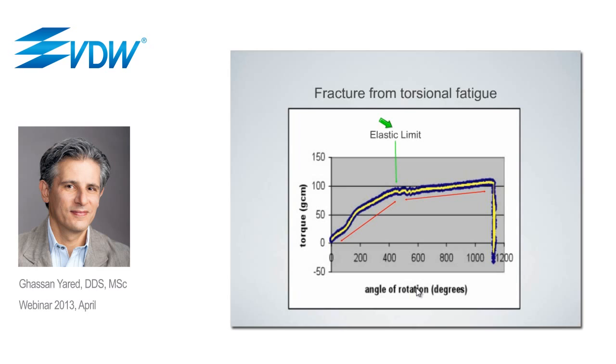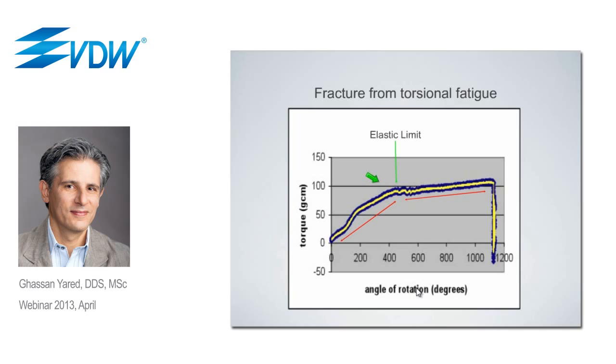irreversible. However, if the instrument rotates to a degree when it is binding lower than the elastic limit, which in this case is at 400 degrees, the changes will be reversible. And the reversible changes happen only in the elastic phase.